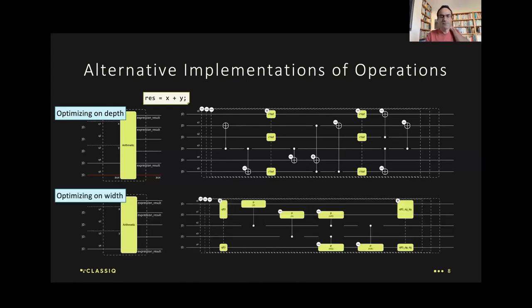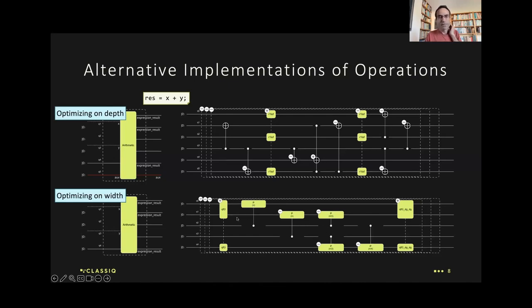So when I'm optimizing for width, I'm getting a different implementation, which is something you would never see in a classical computer, because the way addition is performed here is something that also Nadav mentioned. It's performed in the Fourier basis.